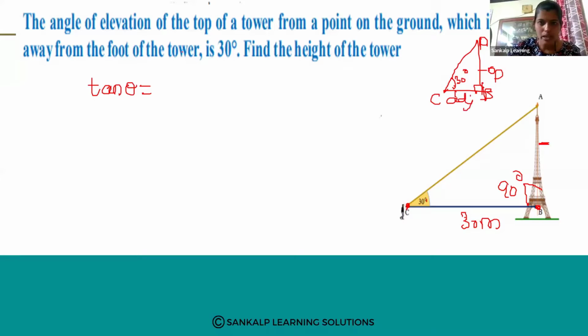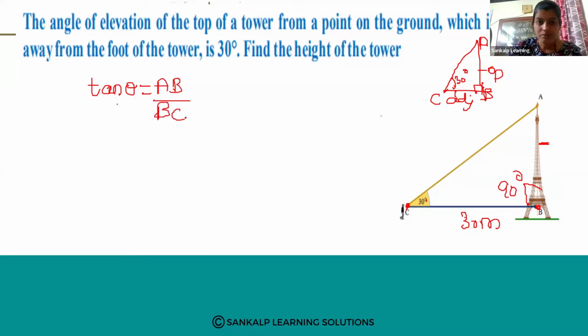So AB divided by BC. First you have to write: height of the tower is AB, and C is the point on the ground from the foot of the tower. Then you can write tan theta is equal to AB divided by BC.